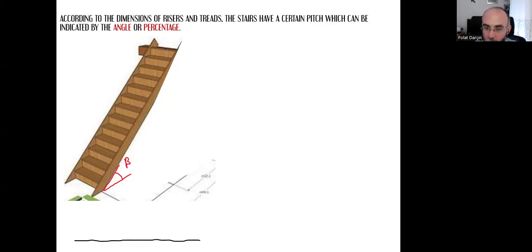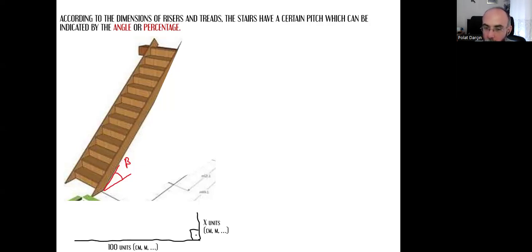In order to do that, we can create an imaginary 100 units. It can be centimeters, meters, it doesn't matter, but it needs to be horizontal. And then we go straight up with a perpendicular imaginary line. Let's say it's X units. Again, they need to be in the same units.